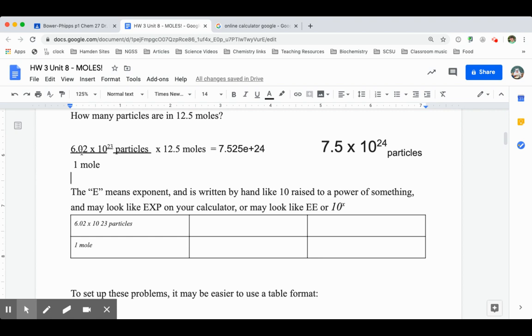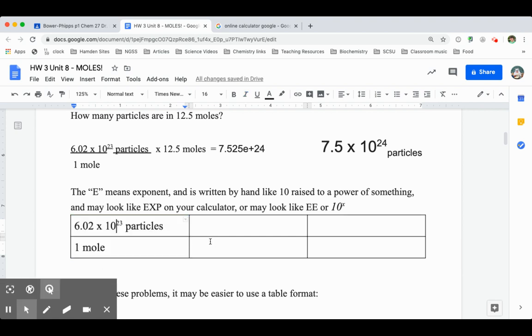We can put those numbers over each other and turn it into a fraction: 6.02 times 10 to the 23rd particles in 1 mole. And if we multiply by 12.5 moles, this moles and this moles cancel out. So it's just like multiplying across the top and dividing across the bottom. So we have 6.02 times 10 to the 23rd.